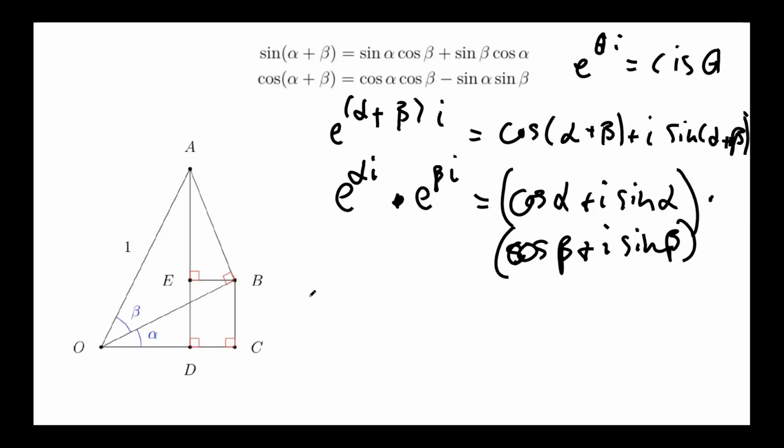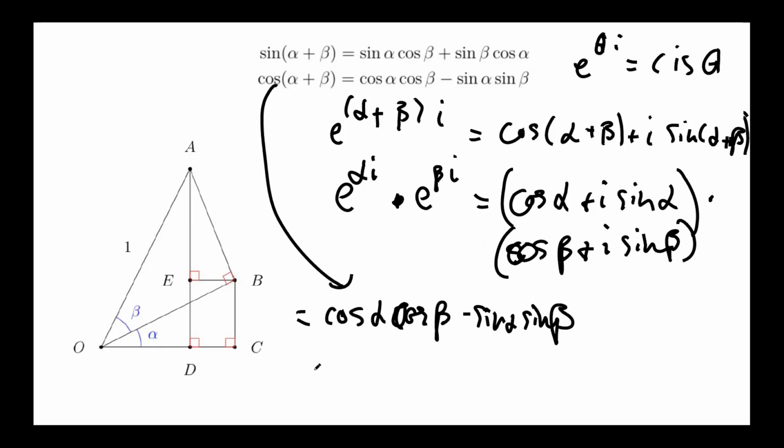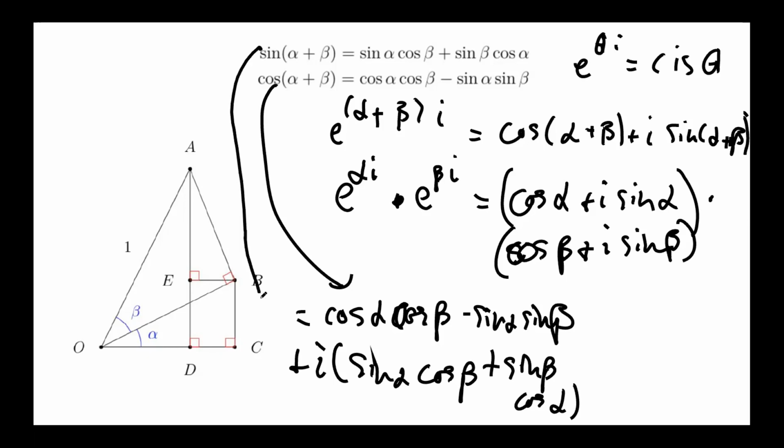If we multiply these two out, we will get cosine alpha cosine beta minus sine alpha sine beta, which is the cosine identity, plus i times sine alpha cosine beta plus sine beta cosine alpha, which is the sine identity. Since we have cosine of alpha plus beta here and i sine of alpha plus beta here, that will prove the identity.